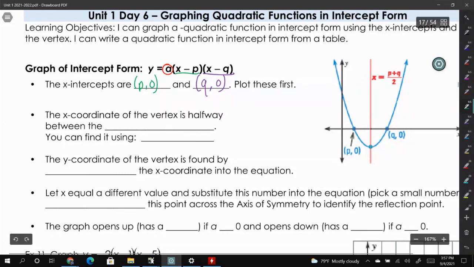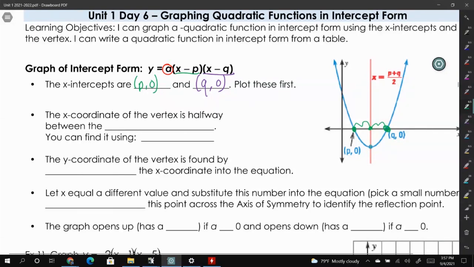Now we have to talk about how to get the axis of symmetry and the vertex. The axis of symmetry will be exactly halfway in between the two x-intercepts. Because if we have our two x-intercepts here, half the distance from one and half the distance from the other will get you at the middle, because our parabolas are symmetrical.